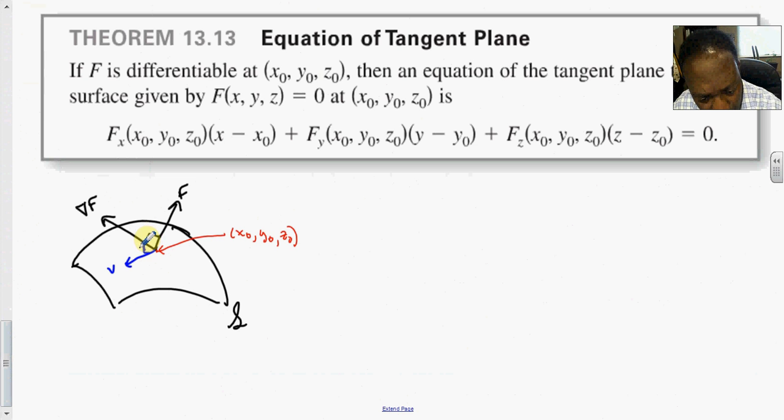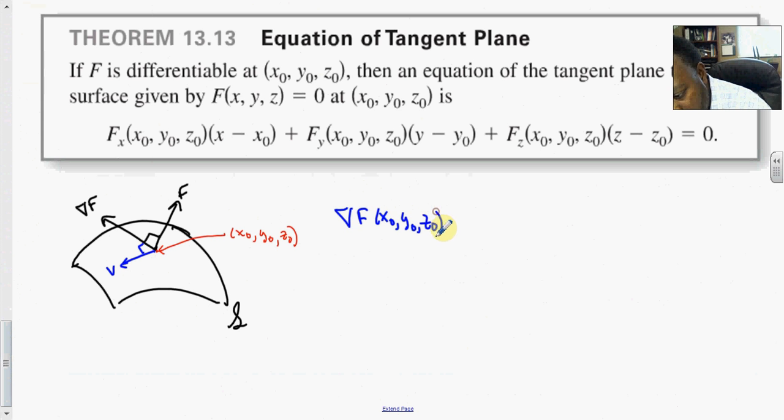This guy here is perpendicular to this gradient, and so we're in this tangent plane. And so if that be the case, then we say that the gradient of f evaluated at the point x naught, y naught, z naught is perpendicular to this vector v, and so the dot product is 0.